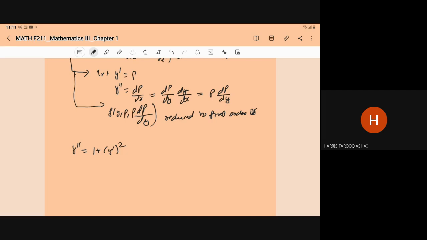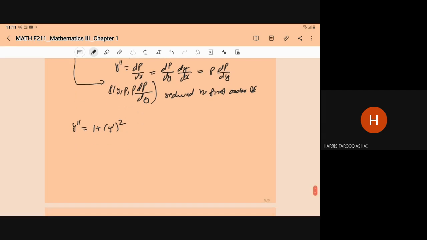If you assume in this equation that x is missing, or first case we have discussed, y is missing.